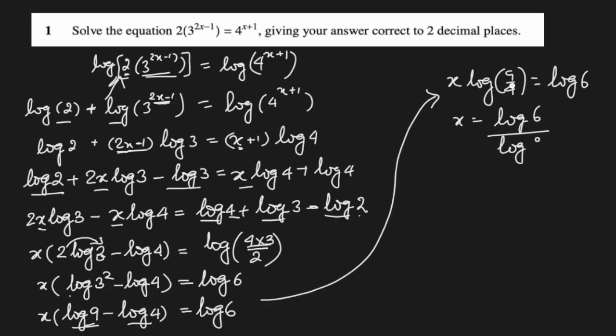If you want to write that in decimal, you can write 2.25. 9 divided by 4 will be 2.25. And finally, we'll get our value. Just use your calculator and it'll give you the value. What we get here is 2.2095. Rounded off to 3 significant figures, 2.21. That is the value of x.